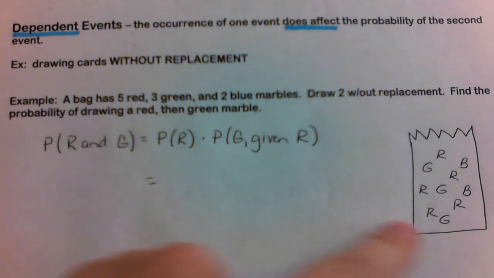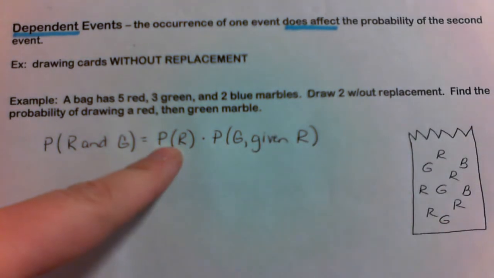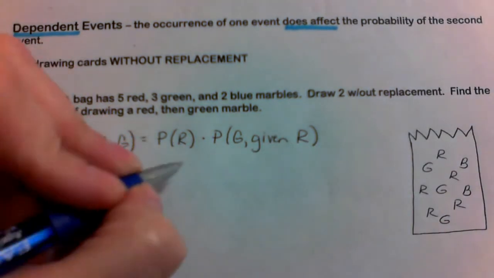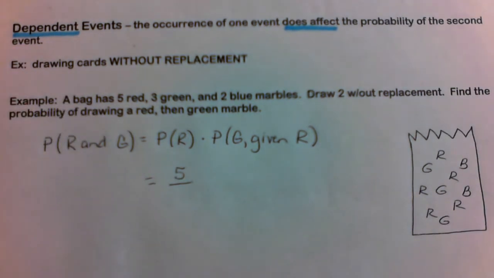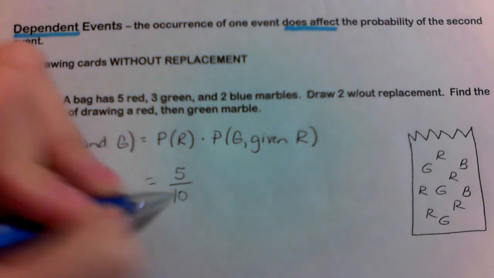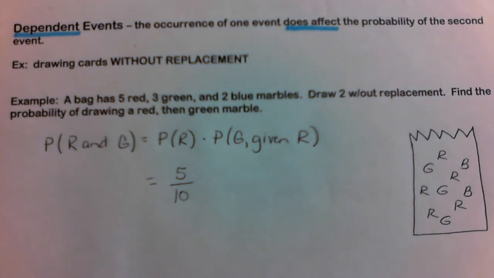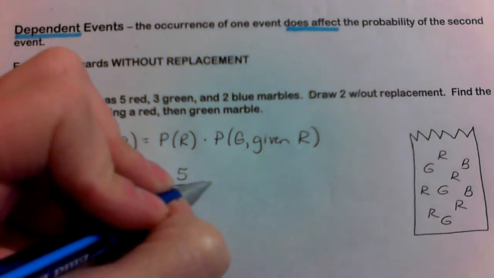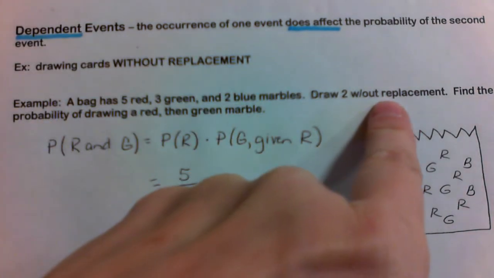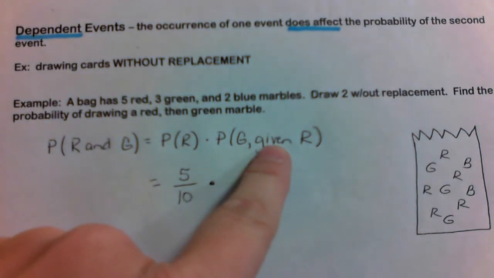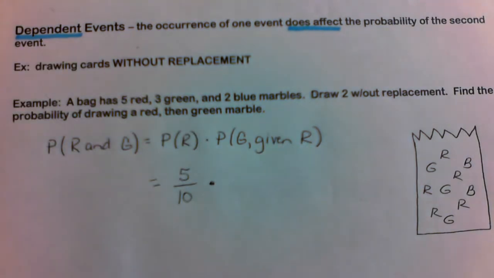So when I look over here at my bag, the probability of getting a red, there are 5 red out of a total of 10 marbles. So 5/10 or 1/2. Then we are to assume, because it's without replacement, so given that I got a red, I want to assume I'm holding a red marble in my hand, and I'm going to draw a second time. Now what's the probability I get a green?